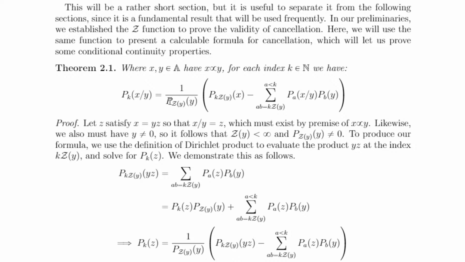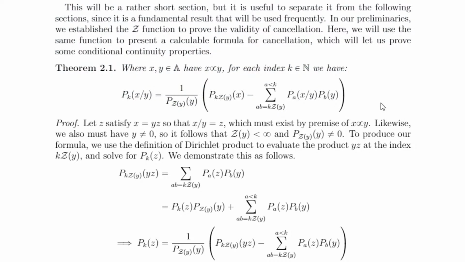And we're taking the reciprocal of that. Because we're saying x can be divided by y, y is non-zero, so this calculation checks out. We do have some z of y, and it will be non-zero because that's what the z function does. We're going to take the first non-zero index, take its reciprocal, and multiply that by this whole chunk of stuff.